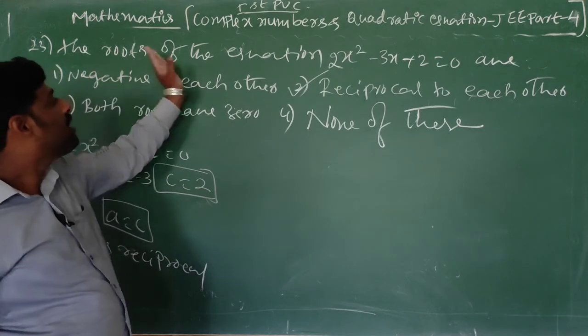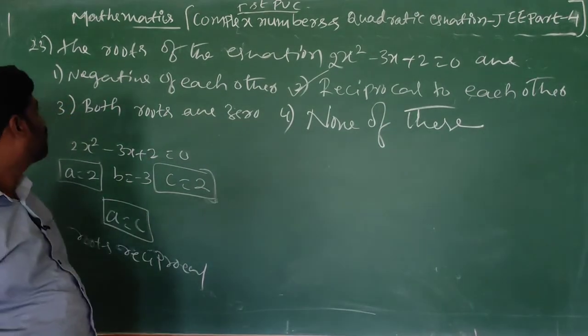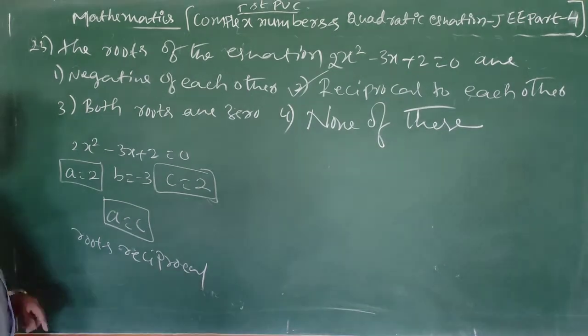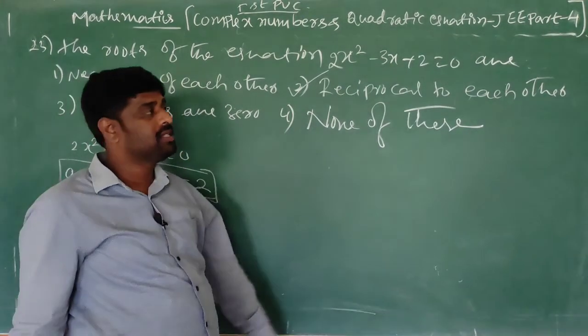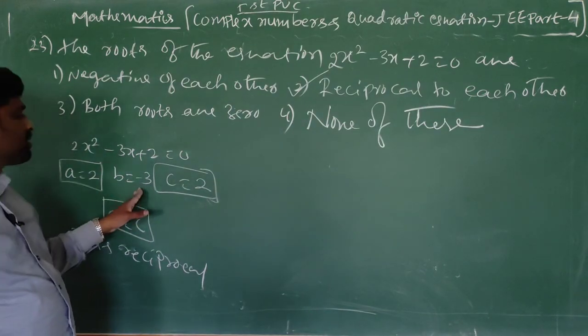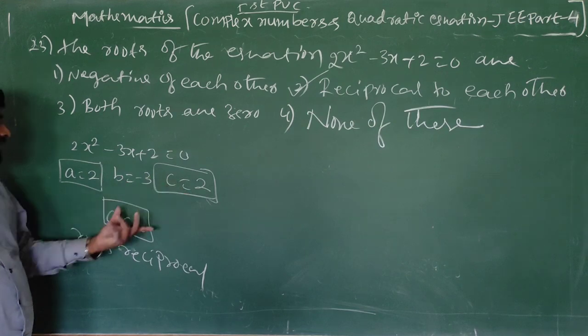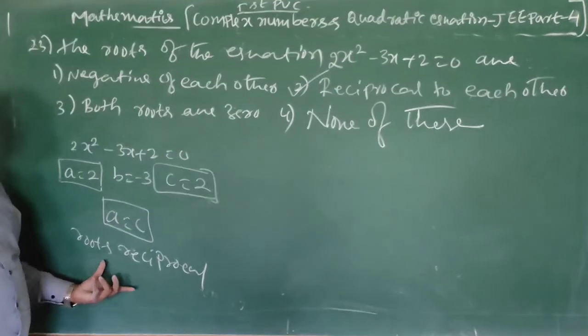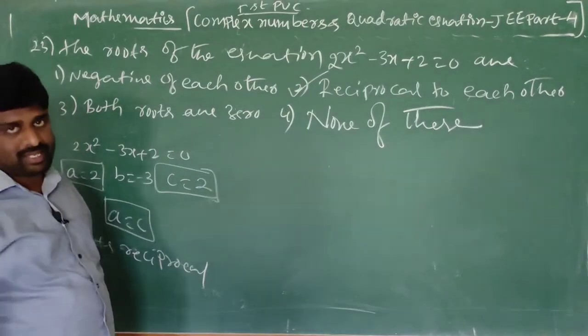Here a is equal to 2, b is equal to minus 3, c is equal to 2. Whenever the a value and c value are equal, then the roots are what? Reciprocal. That is, the roots are reciprocal to each other.